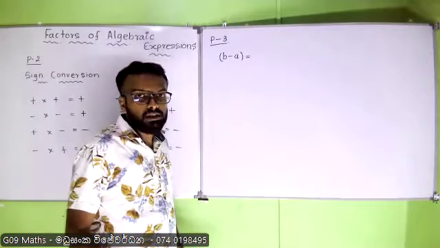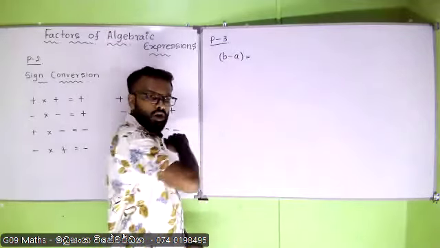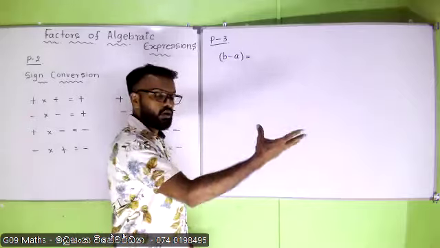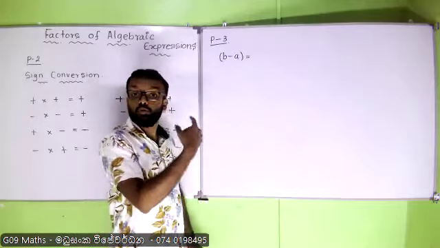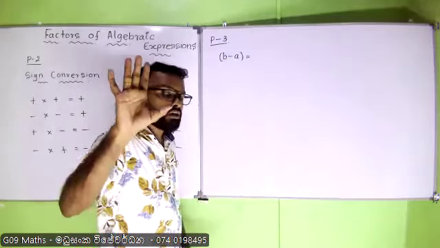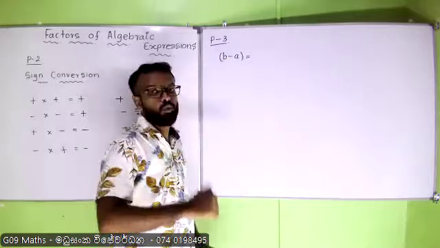Very basically, if you are taking this negative sign out, it means you are totally changing your signs. Positive signs into negatives, negative signs into positive. Now try to catch the pattern. Focus on the board, very important.